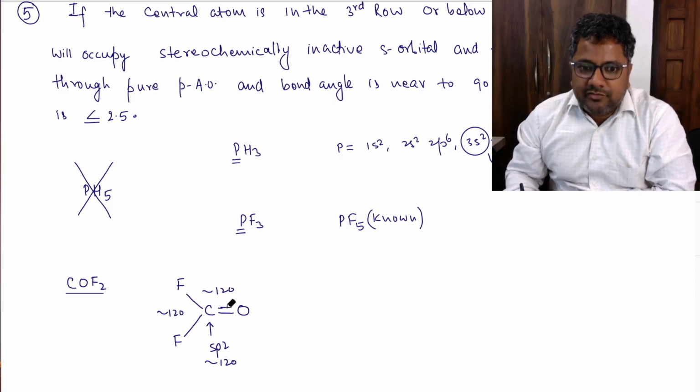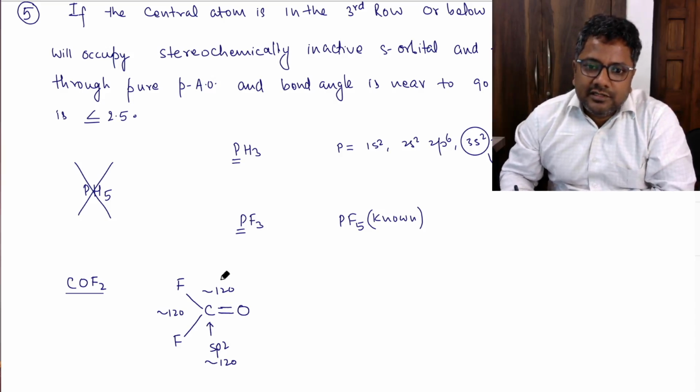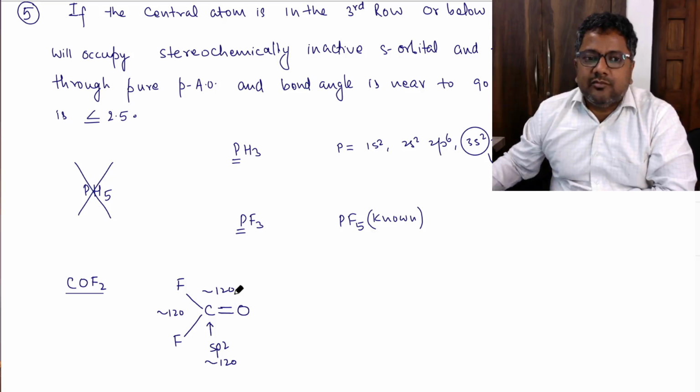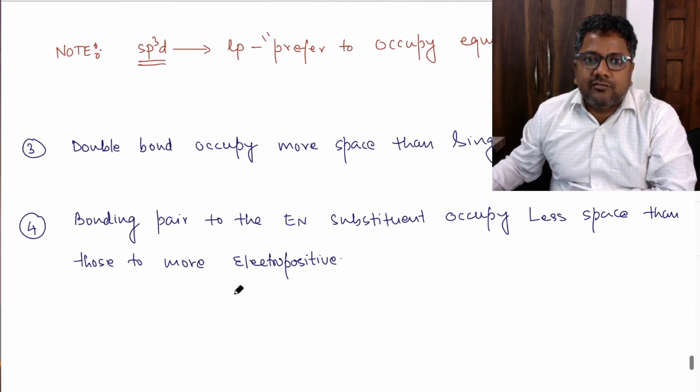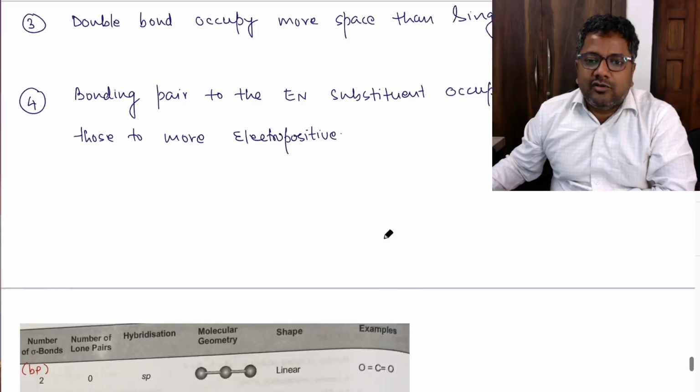But this double bond, basically this pi bond, will occupy more space than a single bond. This is one of the points of the VSEPR model: a double bond occupies more space than a single bond.